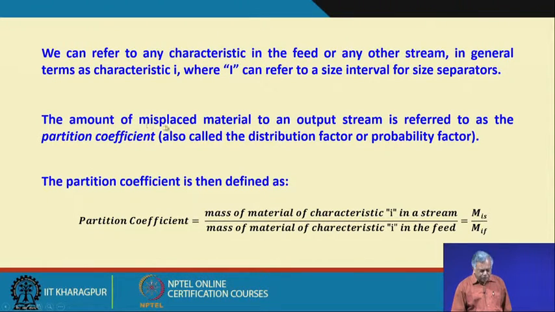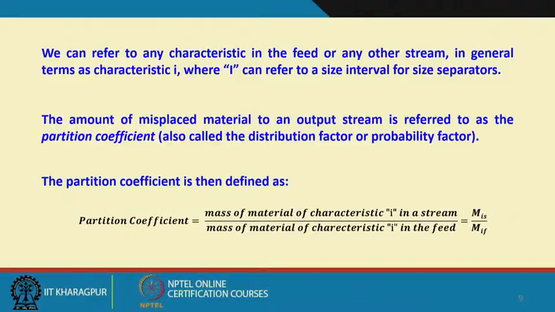The amount of misplaced material: what is the meaning of misplaced material? If I have oversized material in the feed, ideally it should report to the overflow stream of my screen. If I have undersized material in the feed, it should ideally report to the underflow stream, but it may be misreporting. That is, some part of my undersized material gets reported to the oversized.